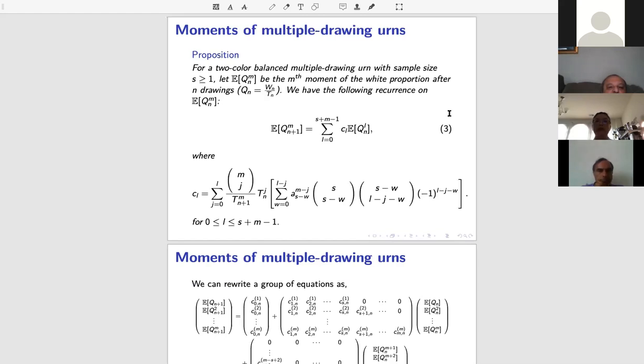What this is saying is that, for example, if m is 1 and our sample size is 2, the expectation for Qn+1 will depend on the second moment of Qn. So we see this dependence on higher orders, and the coefficients for this recurrence are these C_ls, which have double sums inside, so these are non-trivial coefficients to work with.